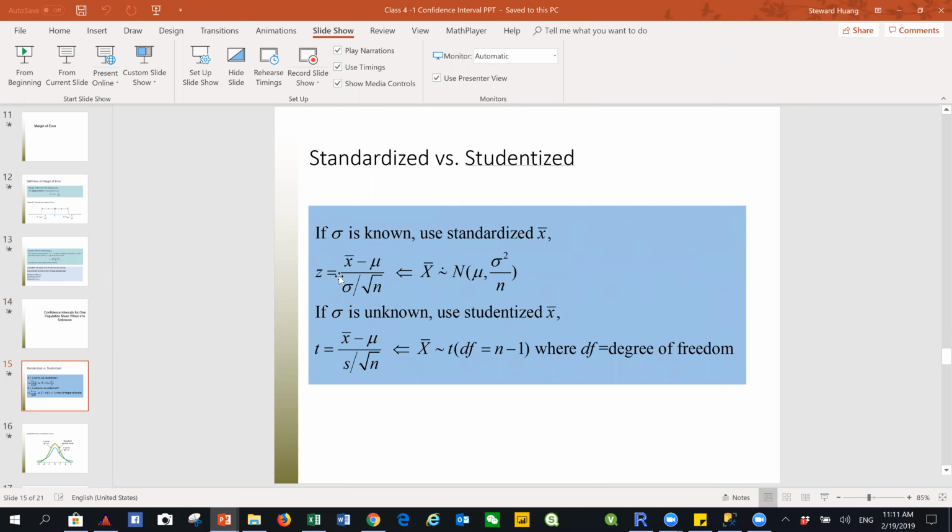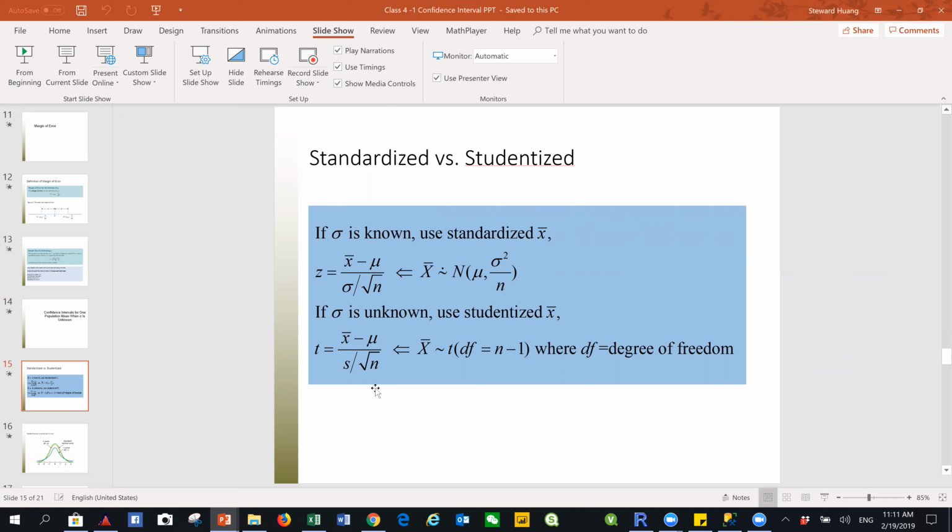You see a Z and T here. The Z distribution and T distribution are very close. The difference is that when sigma is unknown, you replace it by an S, and then it follows a T. For the Z distribution, you have 0 as center and 1 as standard deviation.